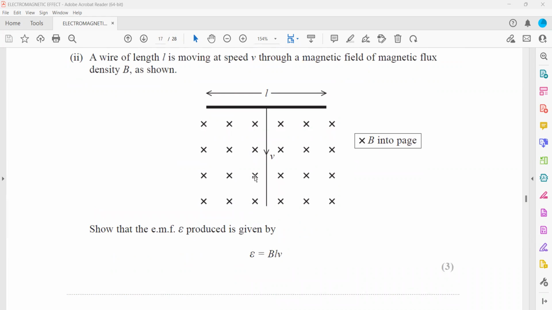So how can we show that the EMF produced is equal to BLV? We have the formula, because the change in the magnetic flux linkage equals EMF. Like EMF is equal to N phi, or the rate of change in magnetic flux linkage. So you can also say delta phi by delta t.